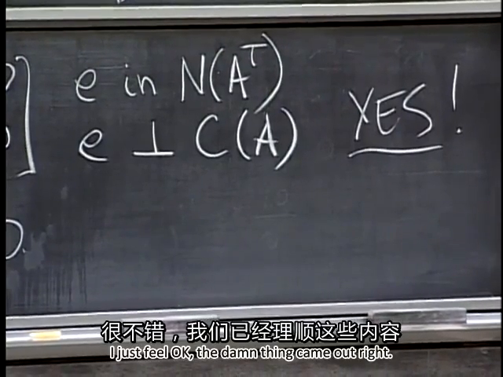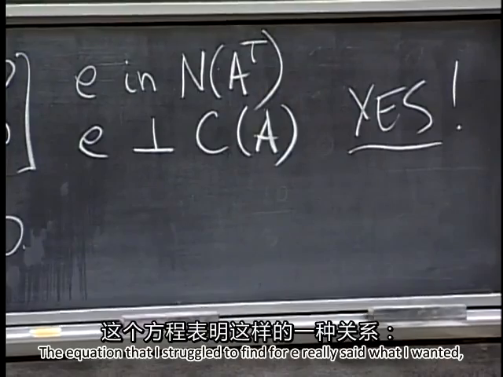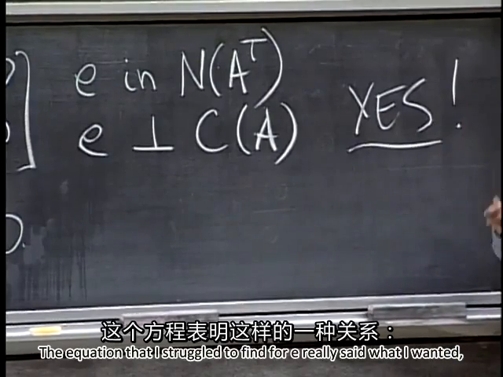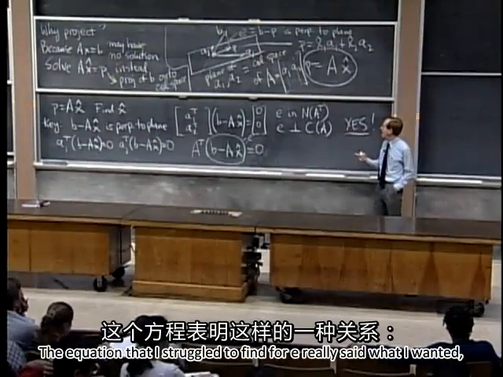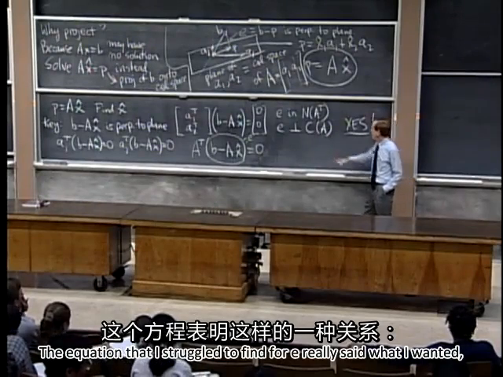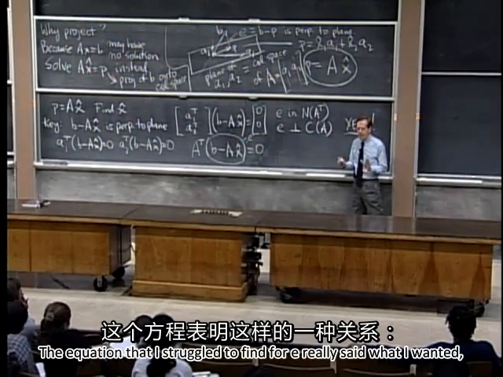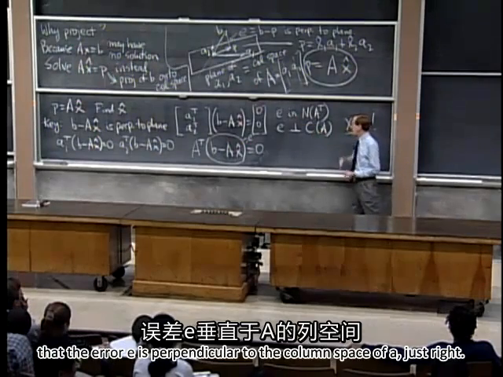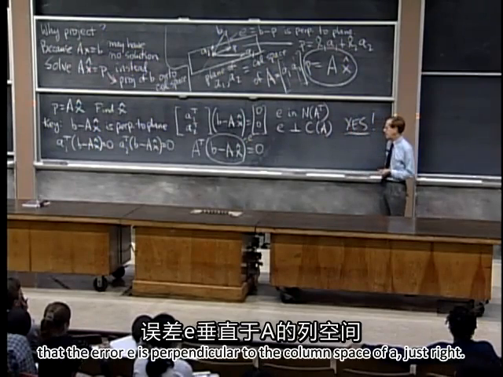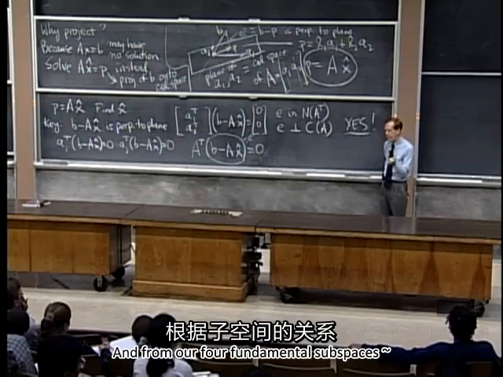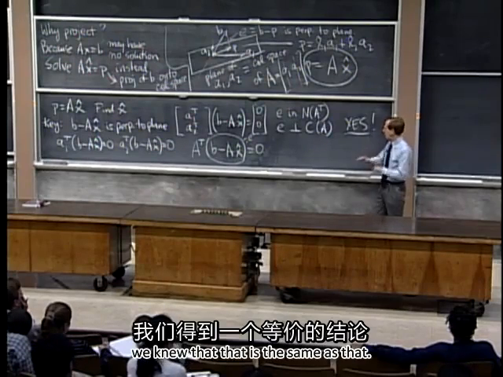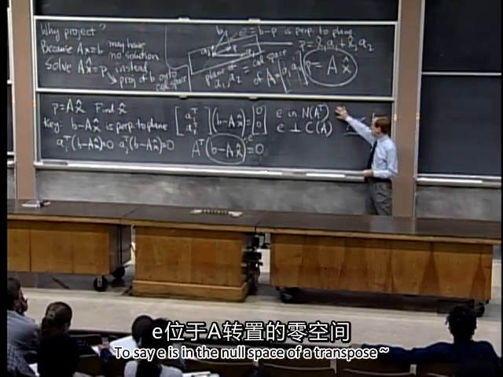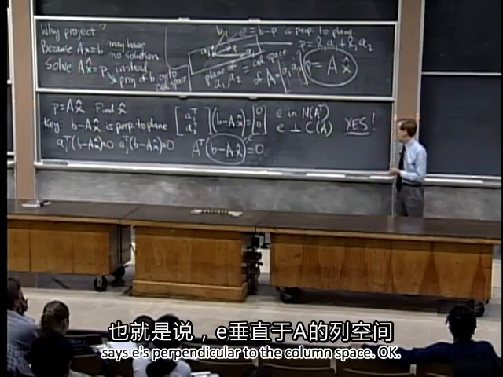Okay, the equation I struggled to find for E really said what I wanted, that the error E is perpendicular to the column space of A. And from our four fundamental subspaces, we knew that to say E is in the null space of A transpose says E is perpendicular to the column space.